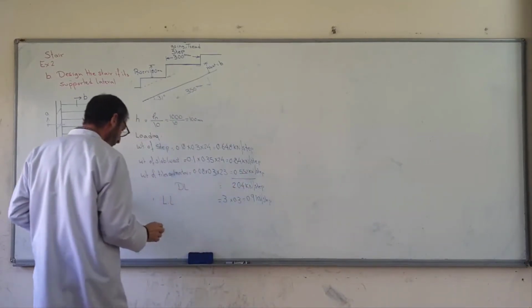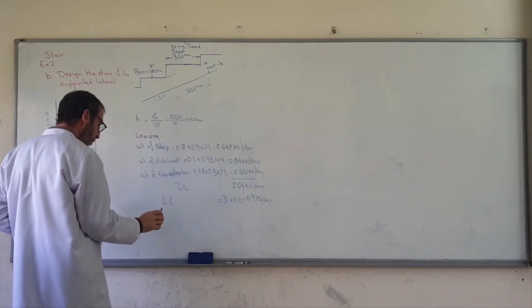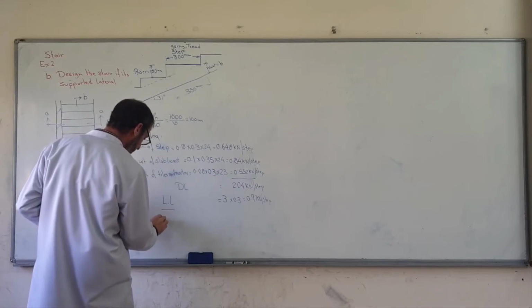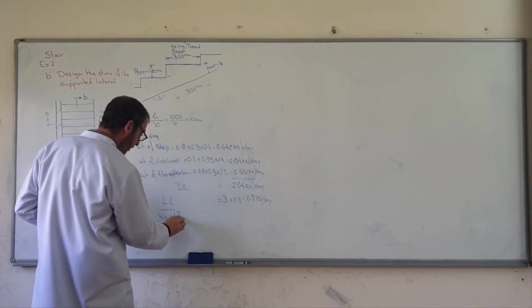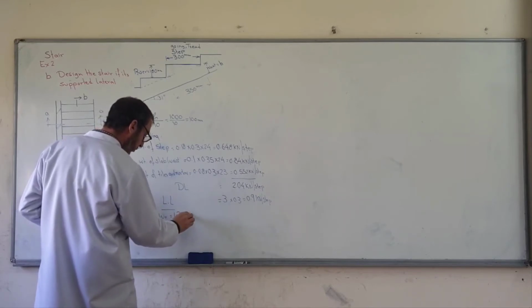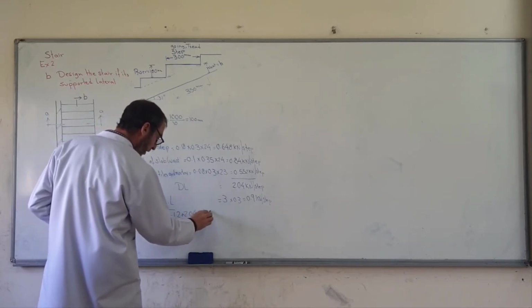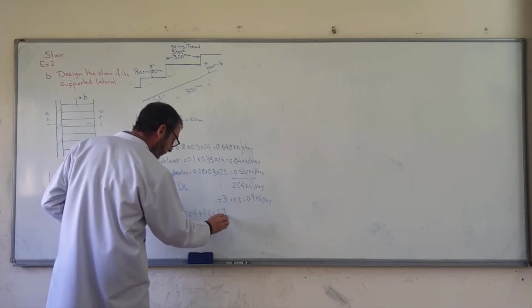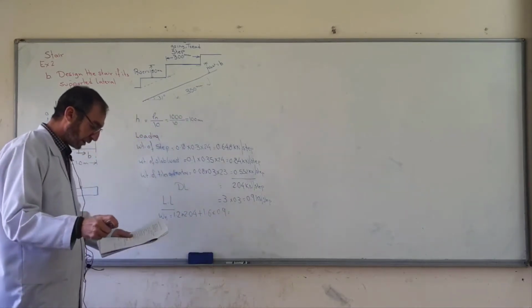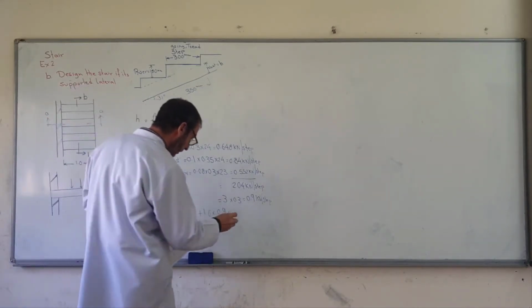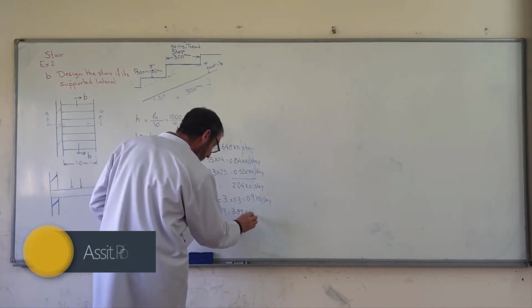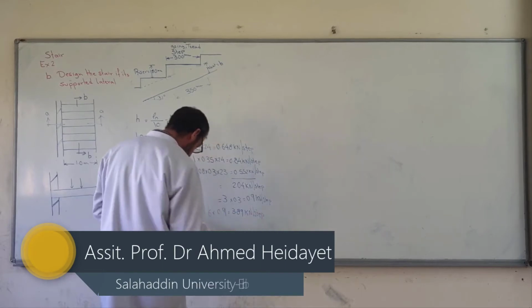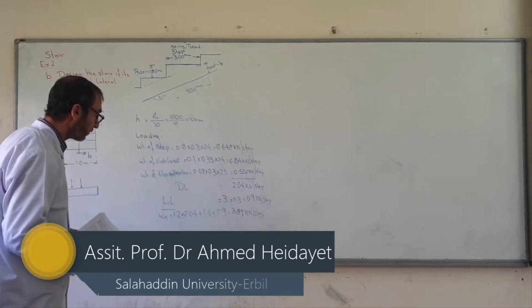Now the total or ultimate load is equal to 1.2 dead times 2 plus 1.6 live times 0.9, which is 3.89 kilo Newton per step. Don't forget per step.